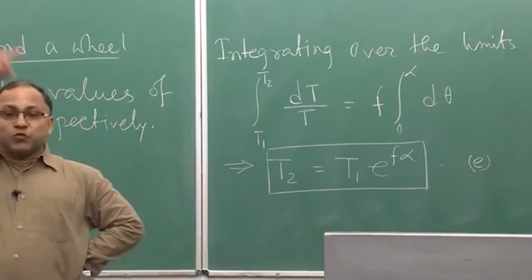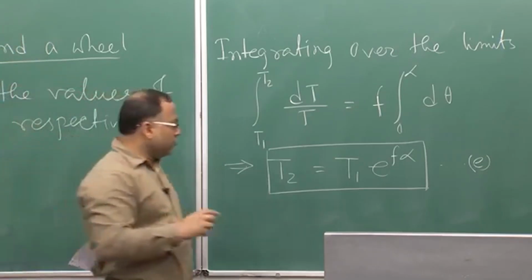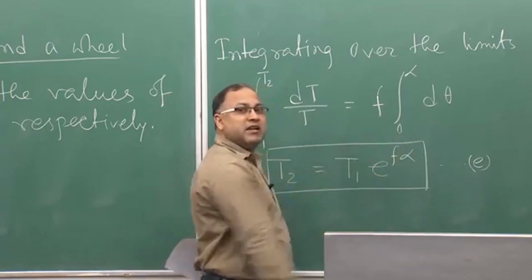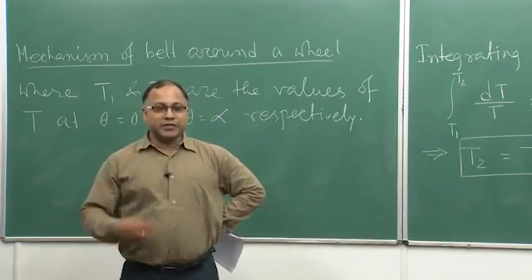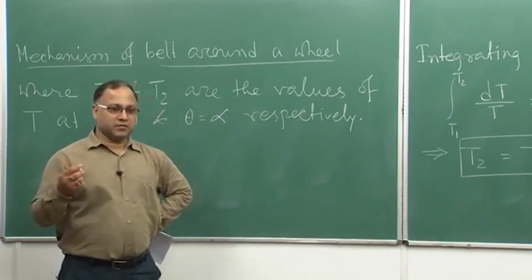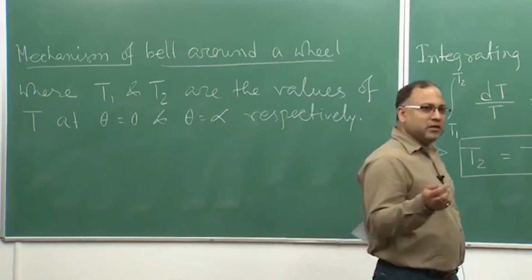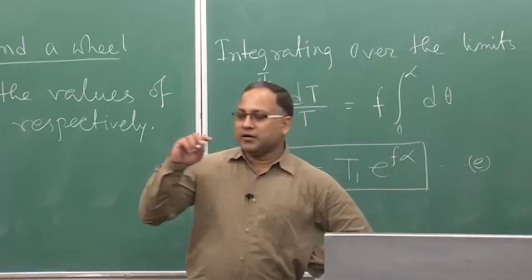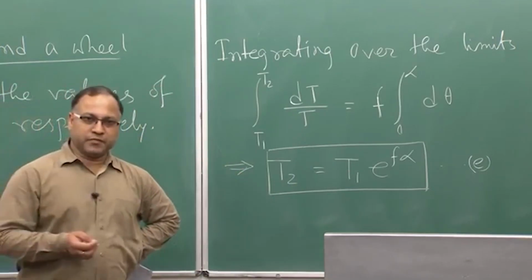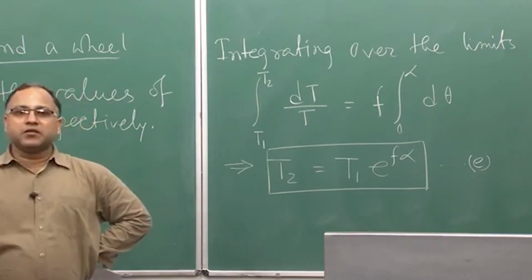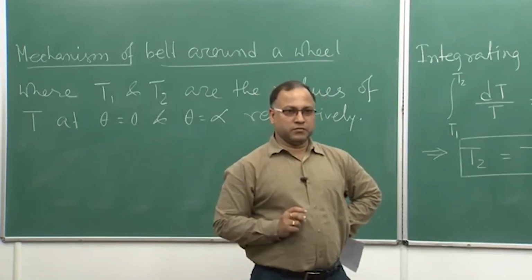So, it will be exponentially increasing. Based on that, you can design the brake band or the belt, and at the same time you can find out how much tension will develop at any particular location where the belt is touching the wheel.